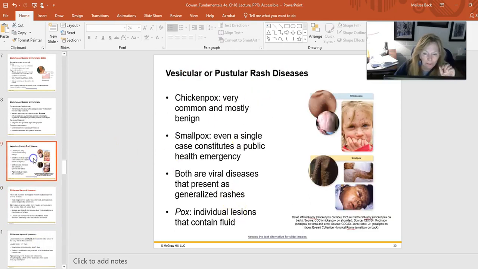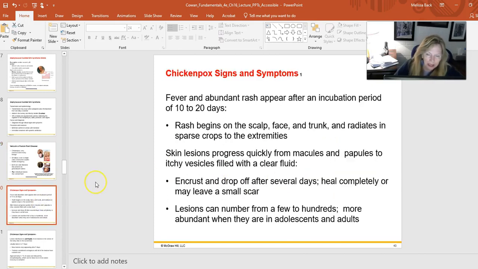And if there were any indication that someone thought they had a patient with smallpox, this is considered a public health crisis and law enforcement crisis, because this would cause such unrest and so much death around the globe. But let's look at chickenpox, which is very, very common.